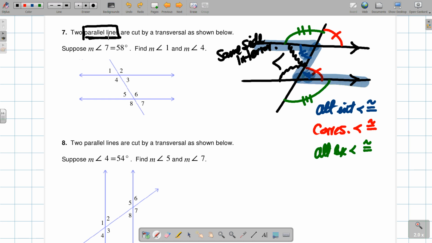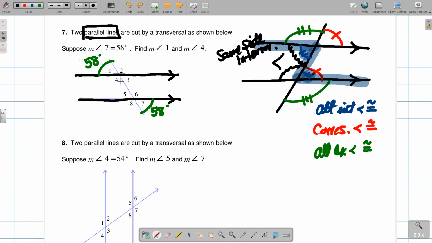So right down here, we're told that these 2 lines are parallel. Just darken them. Put the little arrow feathers on there. We are told angle 7 is 58 degrees. Let's find angle 1. Angle 1 is corresponding, so angle 1 is also 58 degrees.